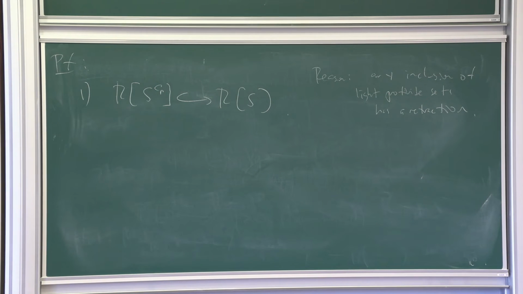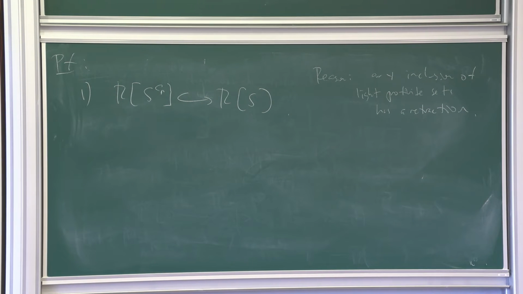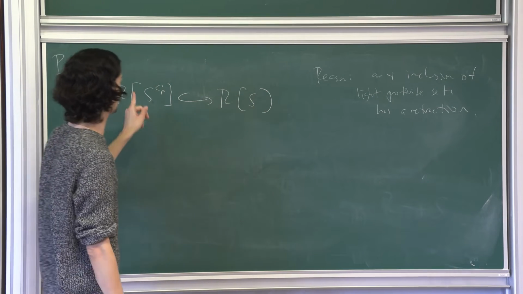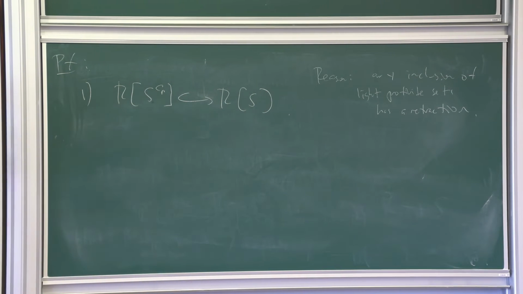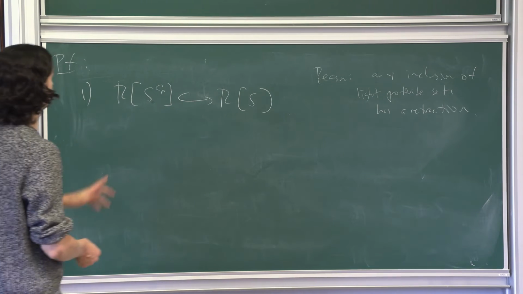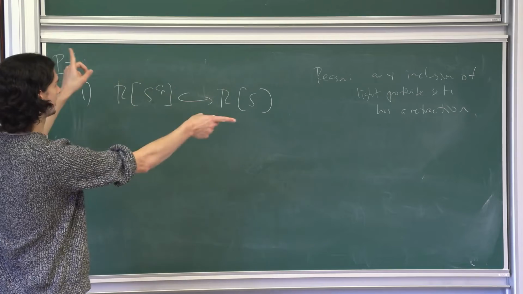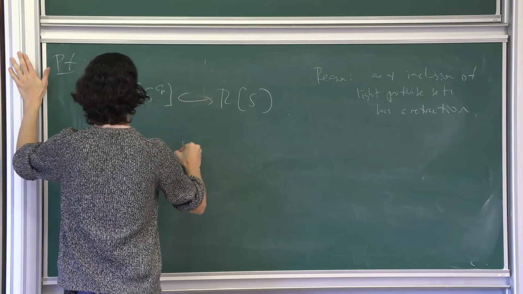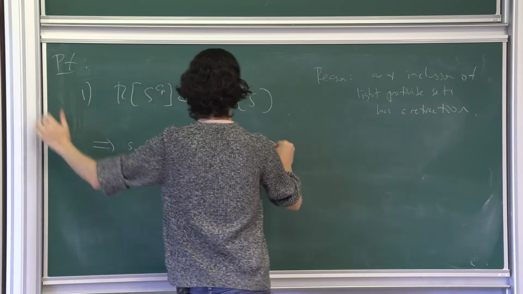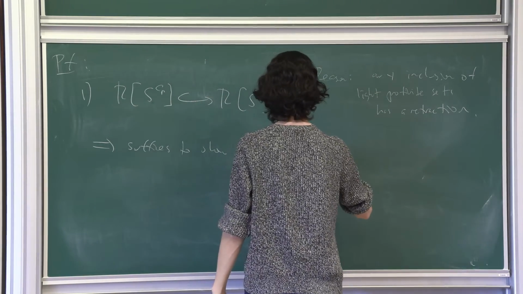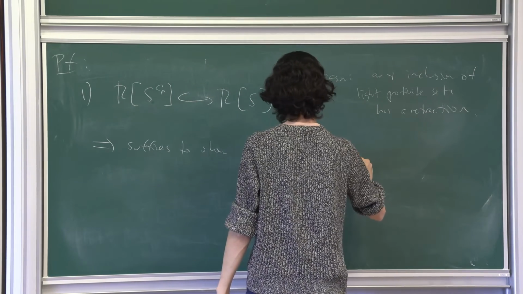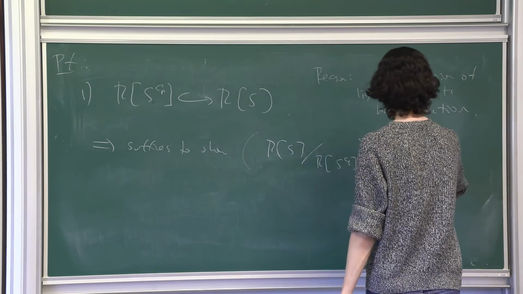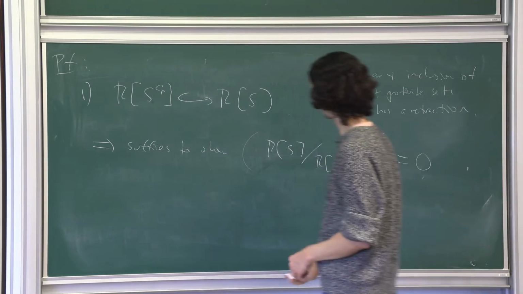This was a fact that Peter proved in the second lecture of this course. So if you apply it to the inclusion of S^CP in S, you find there's a retraction. So then if you hit it with any functor, it'll still be injective. So what does this imply? This implies by the long exact sequence in Tate cohomology, it suffices to show that if you take R bracket S mod R bracket S^CP, this thing has vanishing Tate construction.